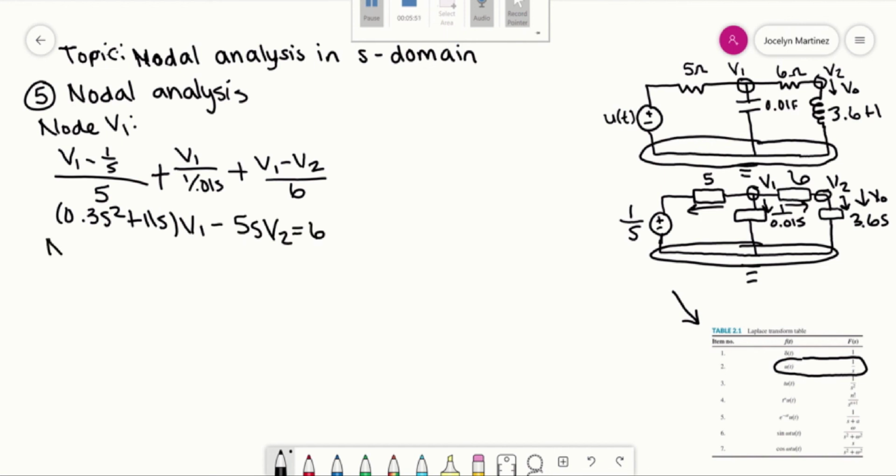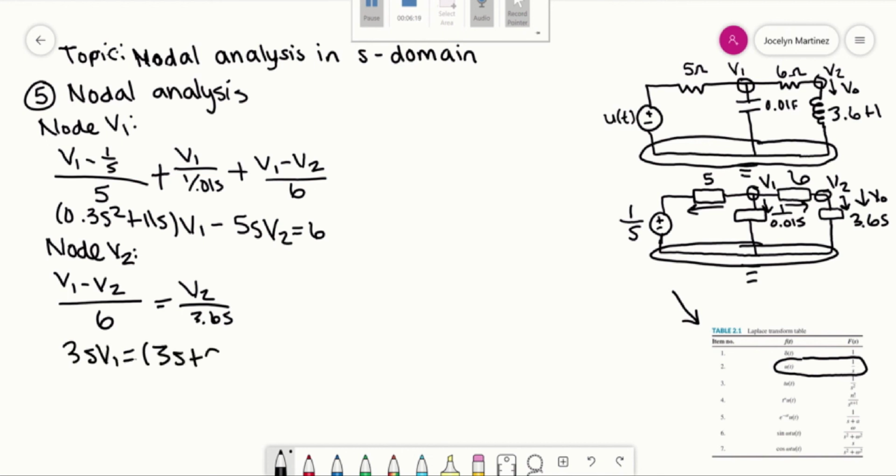So let's take a look at node V2. We'll see that there's a current coming into the node that is V1 minus V2 over 6, which is equal to the current coming out, V2 divided by 3.6 S. So simplifying, we obtain that 3S V1 equals 3S plus 5 V2.